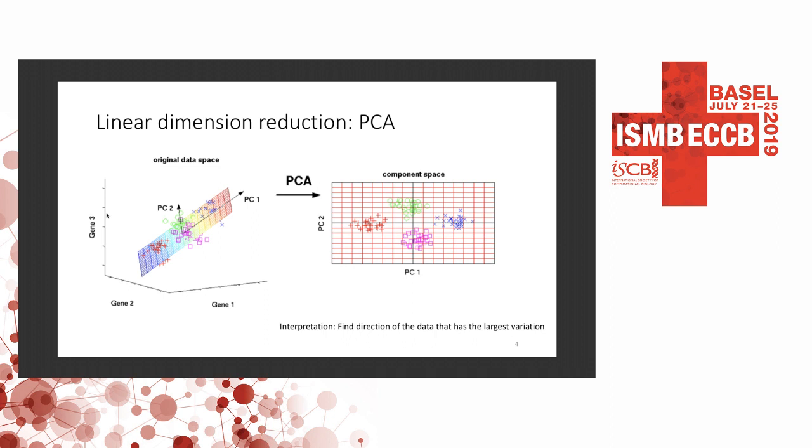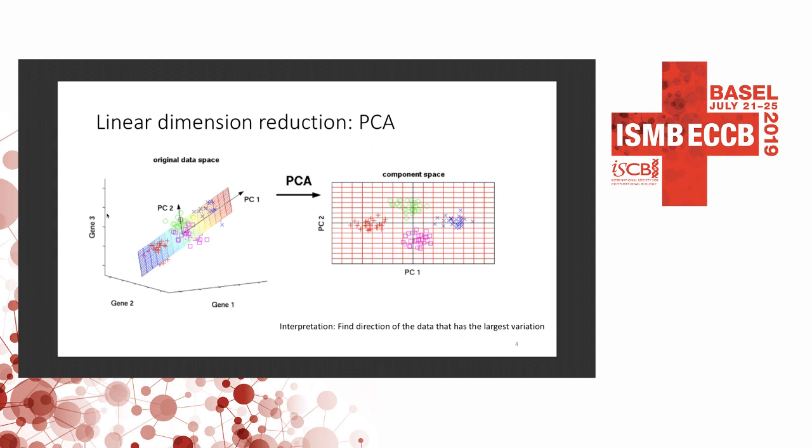And PCA is trying to find linear subspaces. Here it's just a 2-dimensional linear space that can represent the variations of your data as much as possible, and this is what you will see through the PCA.